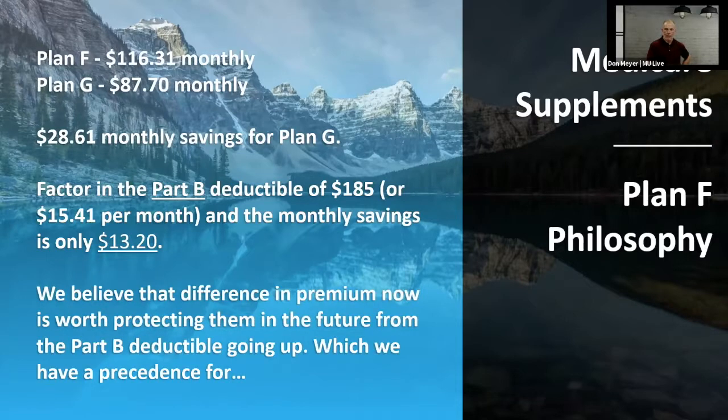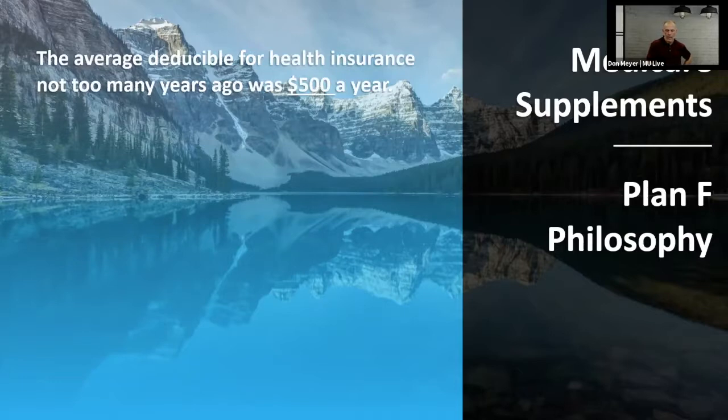So I believe that difference in premium now is worth protecting them in the future from the Part B deductible going up. And I think we have a precedent for that. Not too many years ago, the average deductible for health insurance was $500 a year. Now it is $5,000 a year.